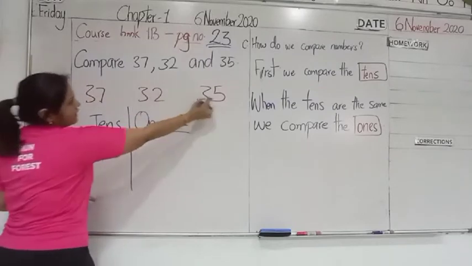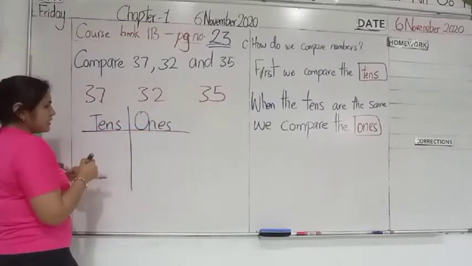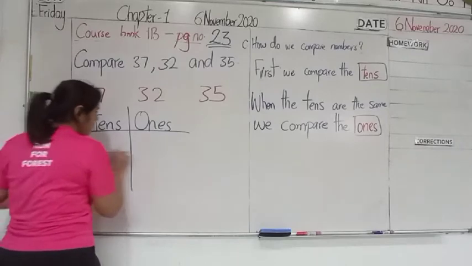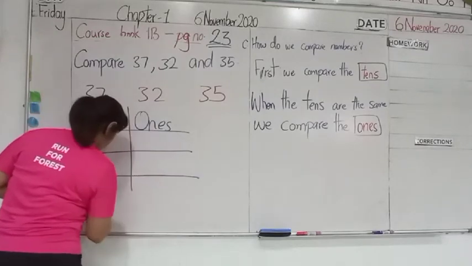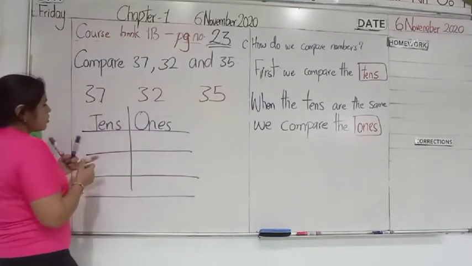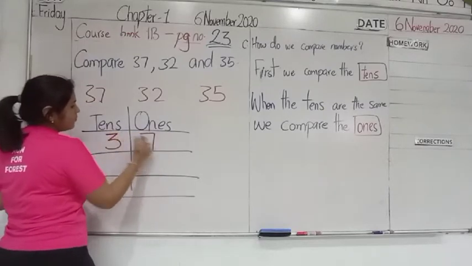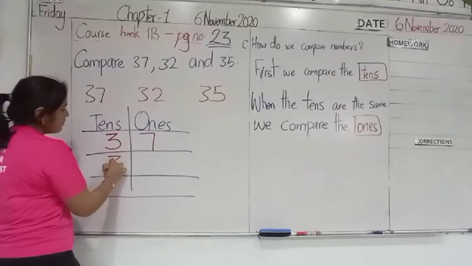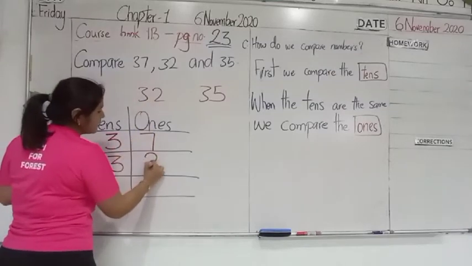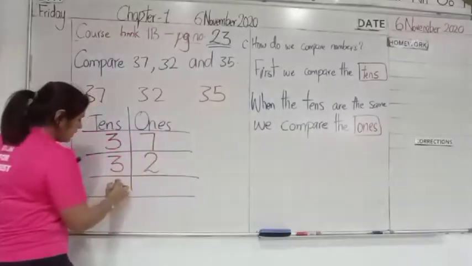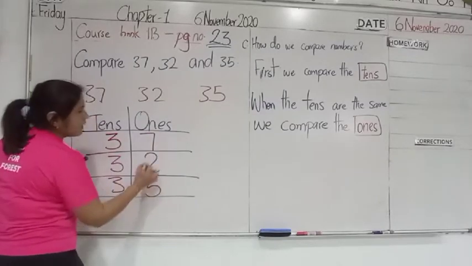So I'm going to write these three numbers in the tens and ones table. 37 is 3 tens, 7 ones. 32 is 3 tens, 2 ones. 35 is 3 tens and 5 ones.